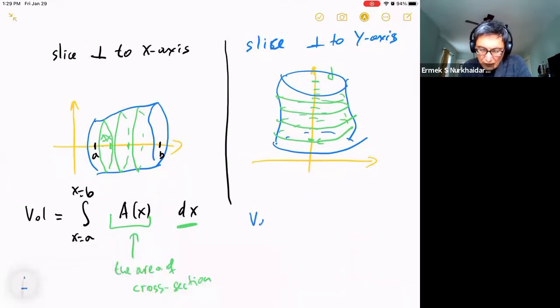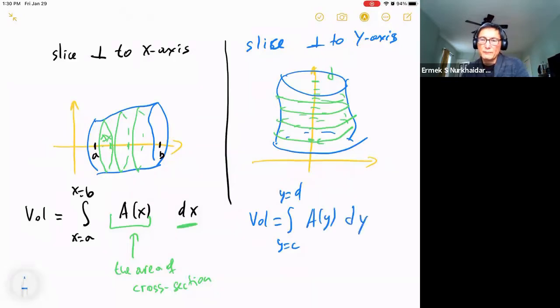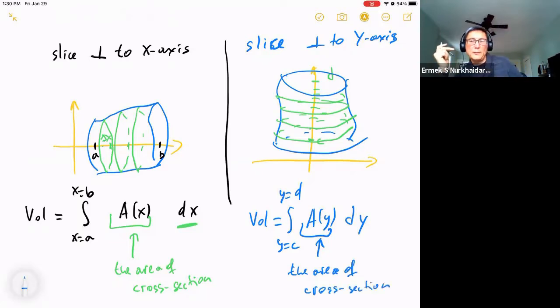So volume in this case, again, you see that's going to be similar to what we got. The only thing that changes is that instead of x, we're going to have y. So that's the difference. And again, A of y will be the area of cross section. So that's the idea.